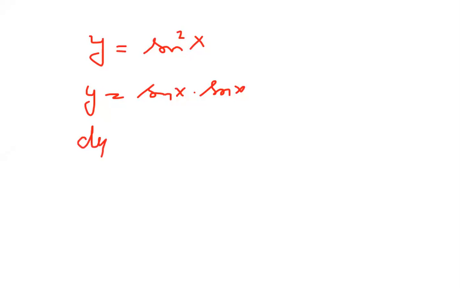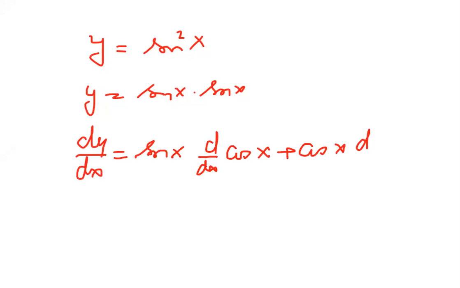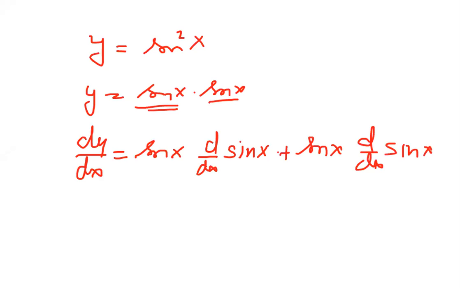So dy on dx equals first function sin x, ddx of second function, which is also sin x. Sorry, my mistake, I don't know why I thought it was cos x. Then second function sin x, differentiation of first, sin x.